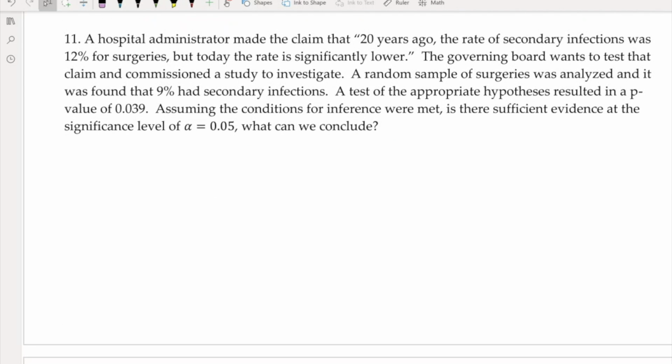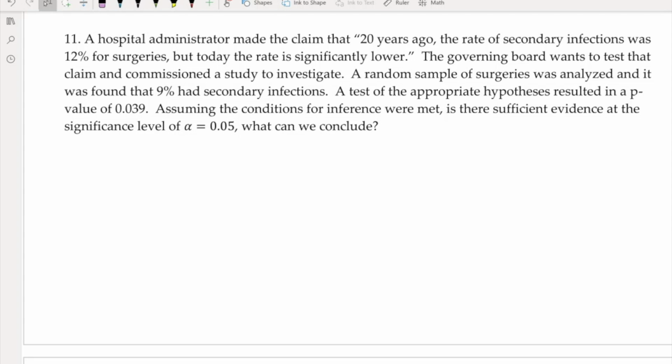Number 12. A hospital administrator made the claim that 20 years ago the rate of secondary infections was 12% for surgeries, but today the rate is significantly lower. The governing board wants to test that claim and commissioned a study to investigate. A random sample of surgeries was analyzed, and it was found that 9% had secondary infections.